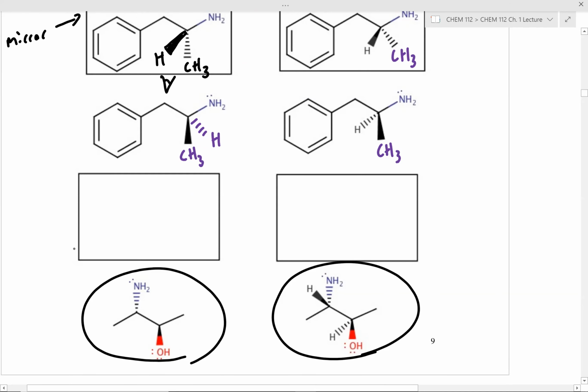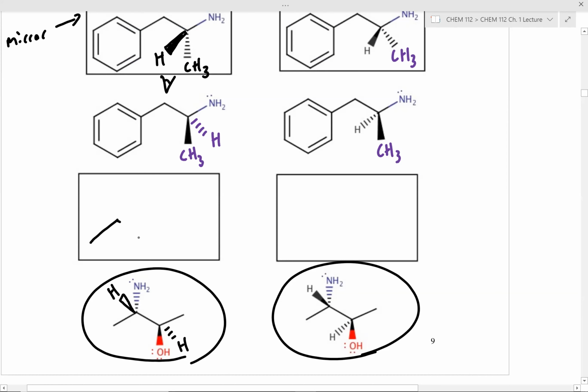So here's our mirror plane behind our molecule, and we're going to draw the enantiomer of each of these two molecules. So first, let's draw out our implied hydrogens. And for a mirror plane behind our molecule, we're just going to invert every stereocenter.